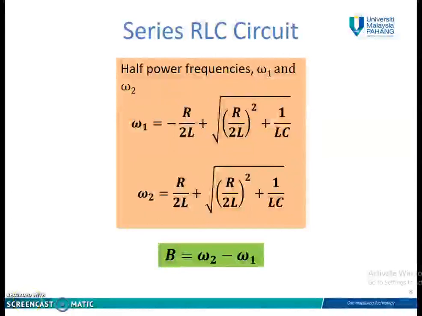Omega 1 and omega 2 in the previous graph are called as half-power frequencies. So these are the equations to calculate the half-power frequencies for omega 1 and omega 2. So in order to calculate the bandwidth, we use this equation. B is equal to omega 2 minus omega 1.